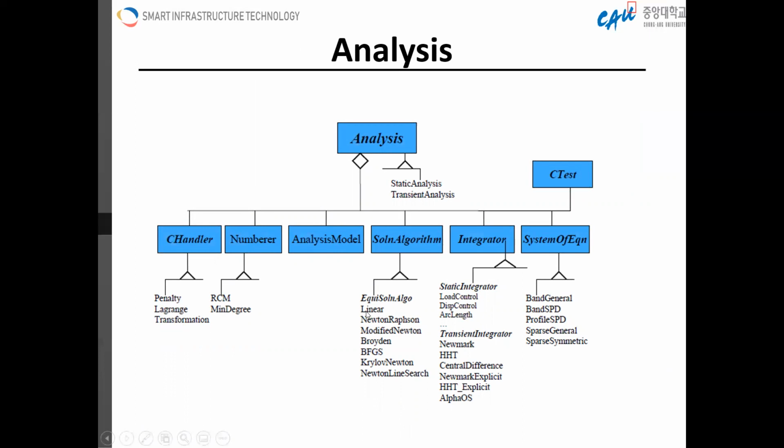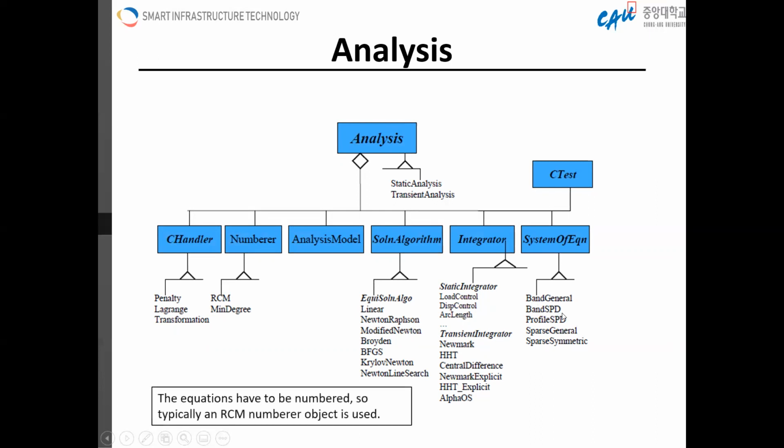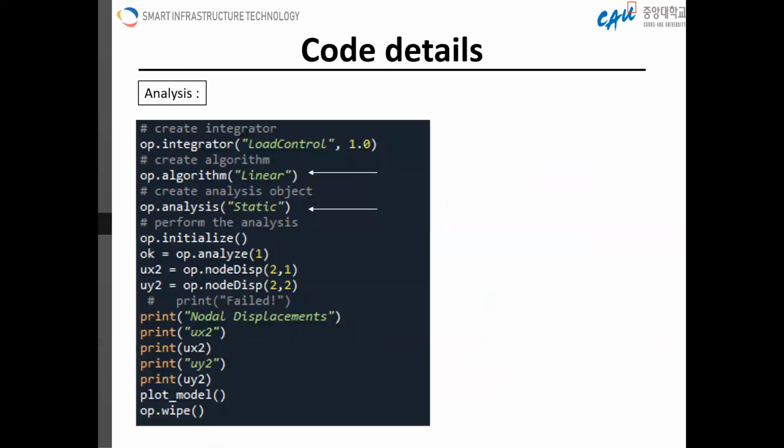We have used linear here, but we can use Newton-Raphson or modified Newton, like we are going to use in the beam. An integrator can be static or transient. Here we have used static, and load control could be displacement control as well. For the system of equations, we have used band SPD. Again, the RCM is going to give the numbers.